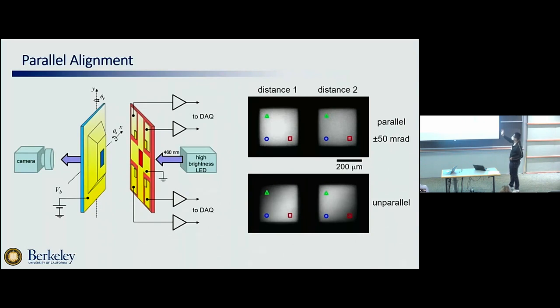While if they are very parallel to each other, as at the top left, then you will see uniform fringes, so that we can achieve plus or minus milliradian precision. Because the membrane lateral size is about a few hundred microns, but we put them as close as 300 to 400 nanometers. It's a 1 to 1,000 ratio of parallel adjustment.